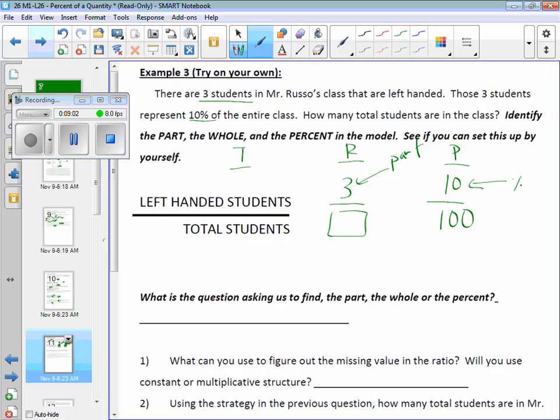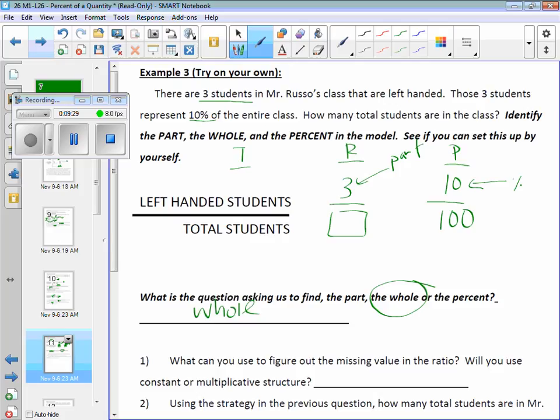They're asking us to find how many total students are in the class. Where can you connect? Once you have 3 out of 4 corners, look at constant, look at multiplicative structure. Emma Leonard.